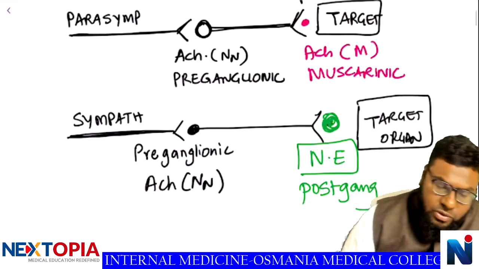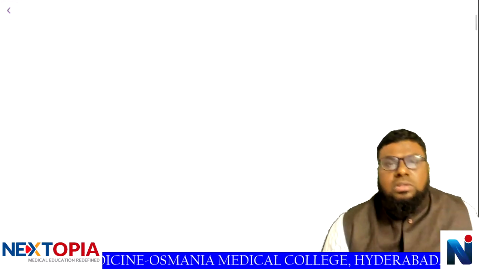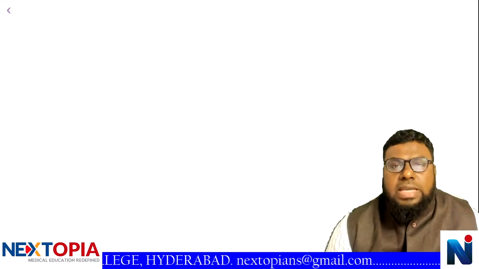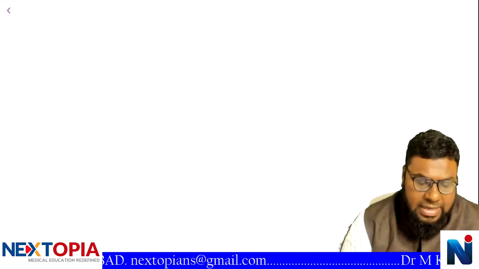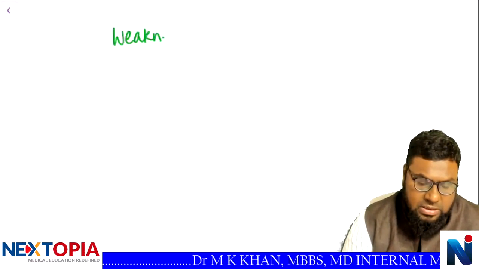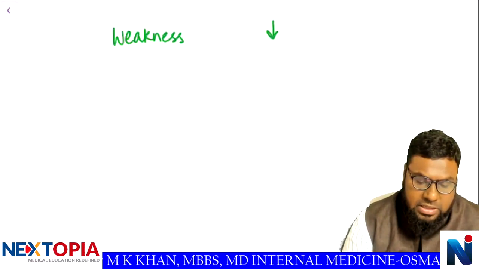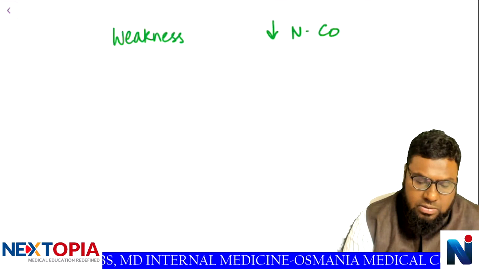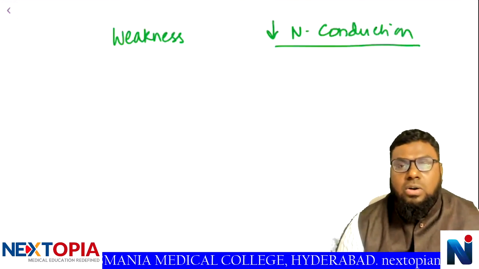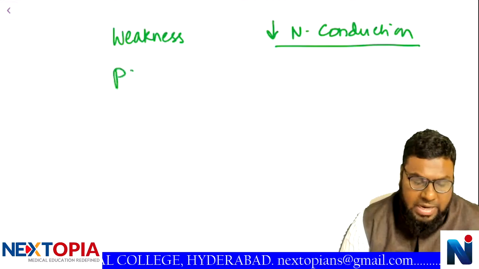Now let us try to understand a few clinical scenarios which cause a decrease in nerve conduction. Decreased nerve conduction can bring about muscle weakness, or it may bring about paralysis.